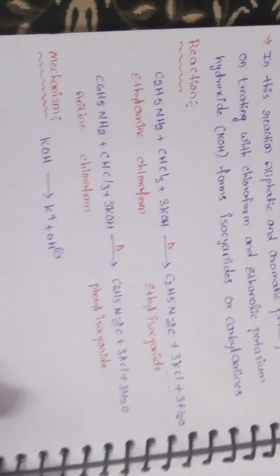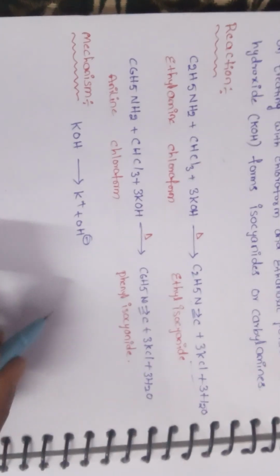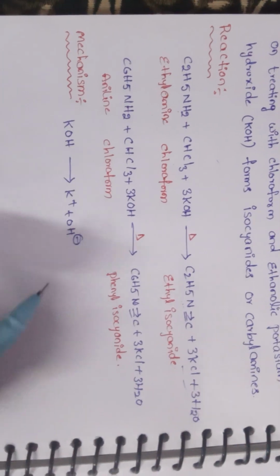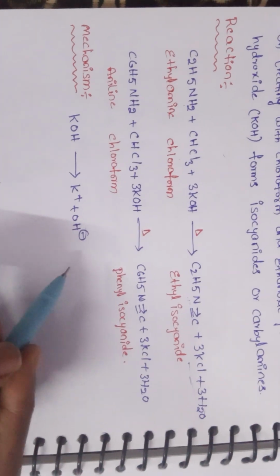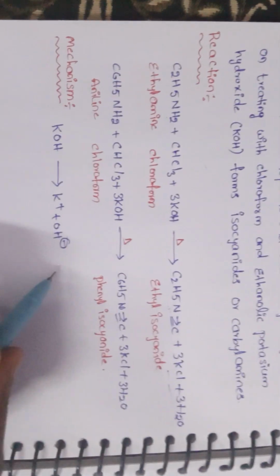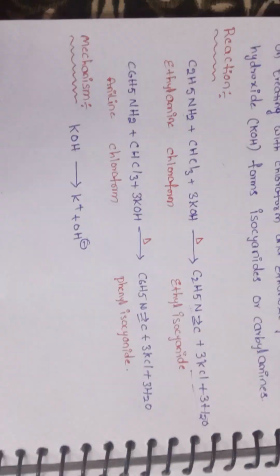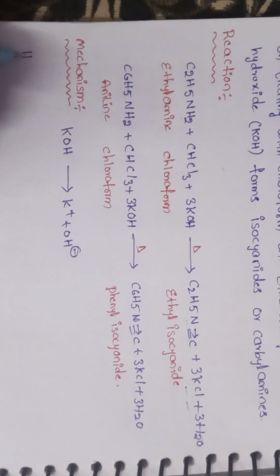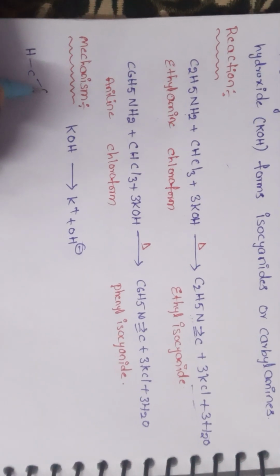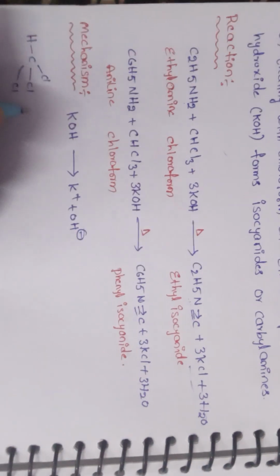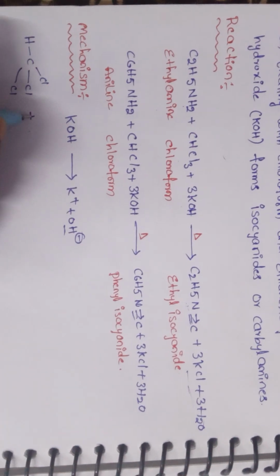So coming to the mechanism. For the mechanism, you have to take KOH, that means K plus OH minus. KOH is divided into K plus and OH minus. Then you have to take chloroform, and write the structure: CHCl₃ reacts with OH minus.